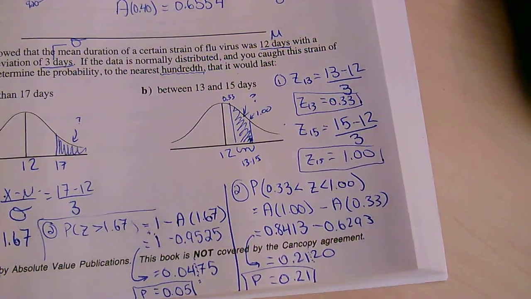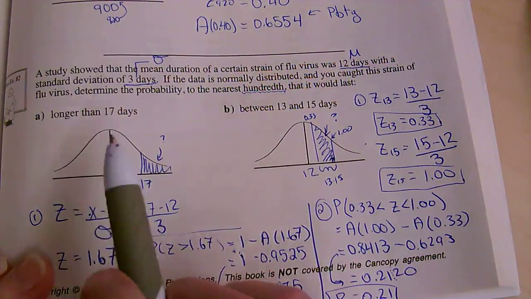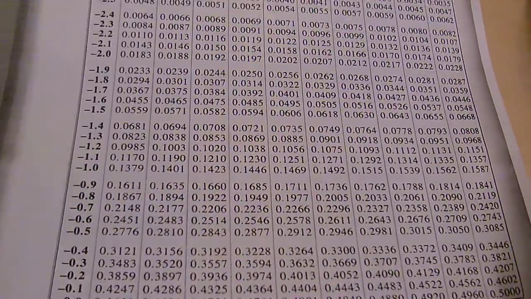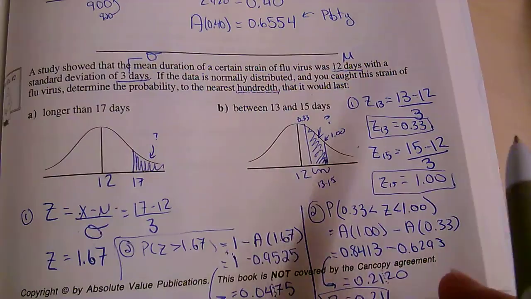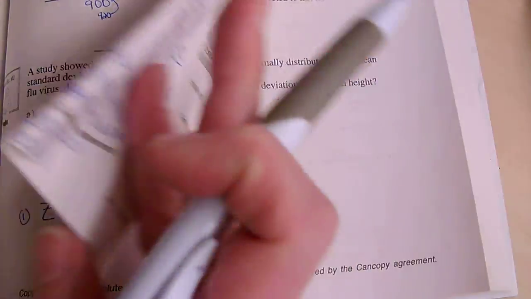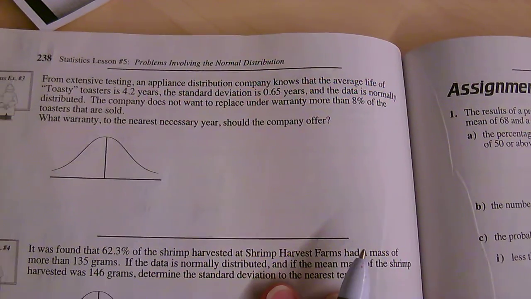Overall, for any of these examples, I'm using my bell curve, my z-scores, and this formula. So let's do a few more examples, three to be exact.